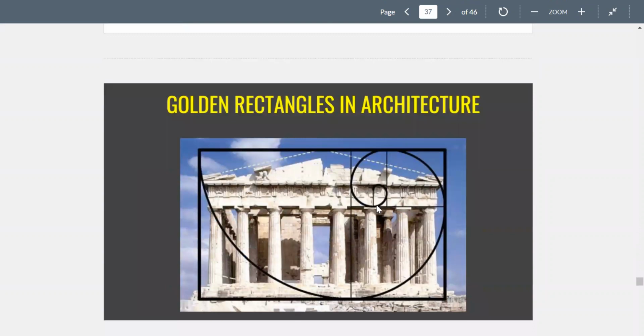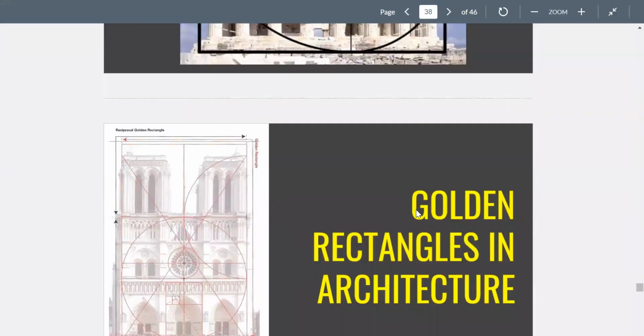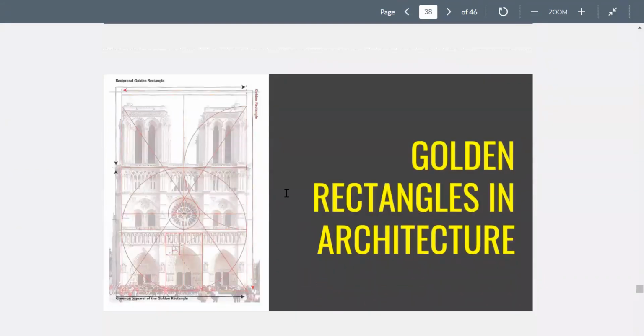This is the Parthenon. It uses the proportion of the golden ratio. This is Notre Dame Cathedral. It also uses the golden ratio principles.